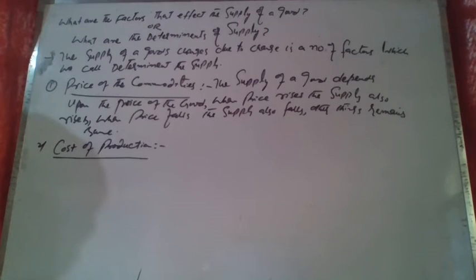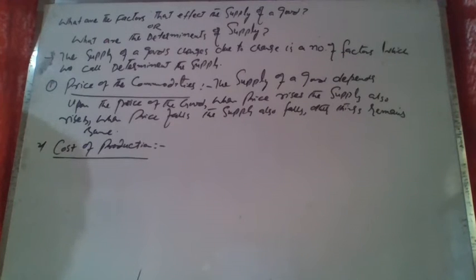So supply of a product also changes with the change in its costs. This cost itself depends upon the price of factors. For example, by price of factors we mean rent, wages, interest, profit. When price of factors increase, cost of production increases, which decreases the supply.